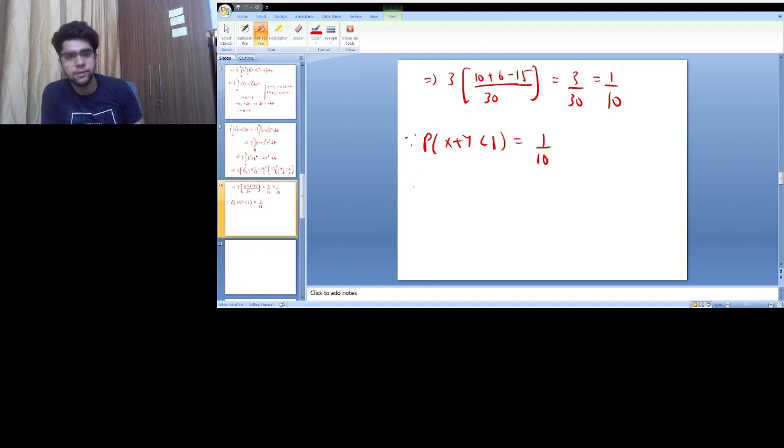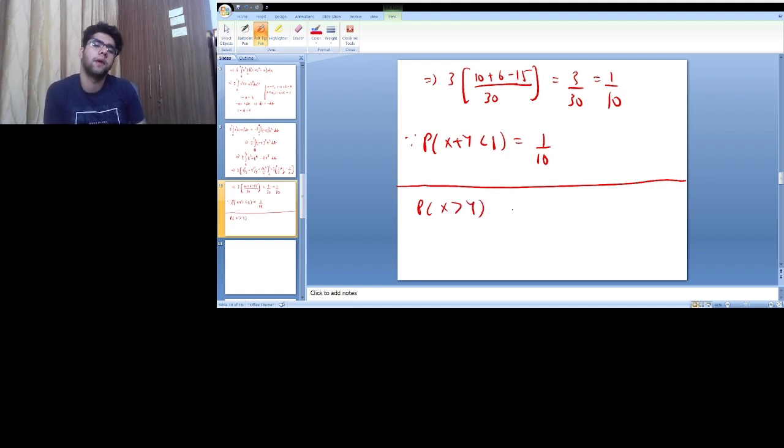Now the answer to the fourth part. Probability x greater than y, right? So x is greater than y. I need to draw the limits.